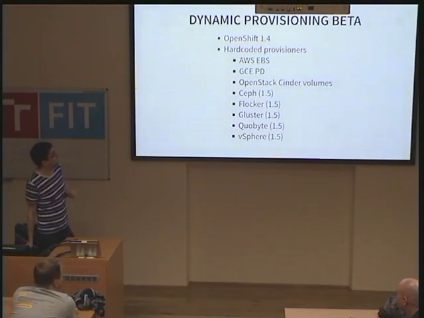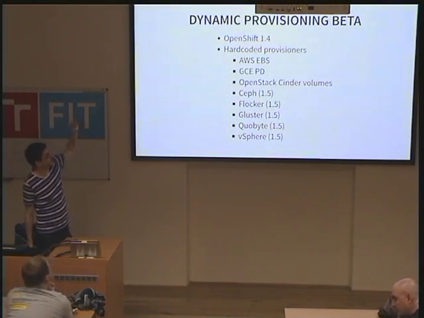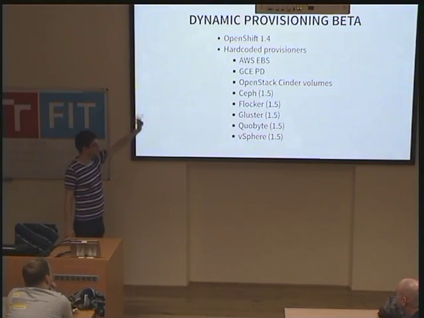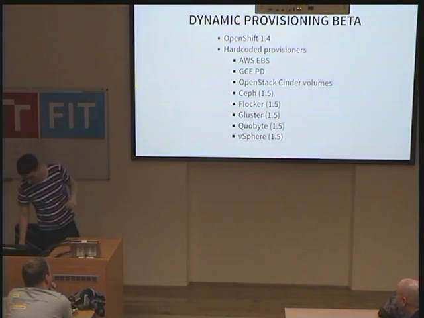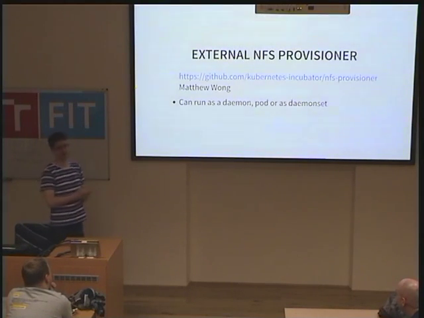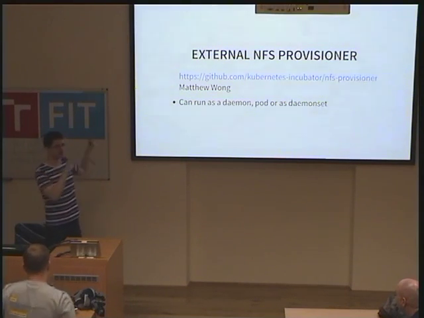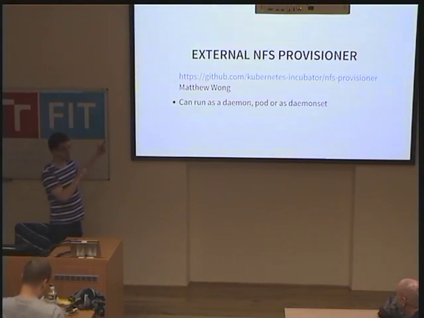In OpenShift 1.4, we have provisioners for Amazon, Google, OpenStack Cinder. In 1.5, we will get more. And what's important, we have external dynamic provisioners. That means that somebody can write a piece of software and run it somewhere. It can run as a pod inside OpenShift. It can run outside of your OpenShift infrastructure if you want.